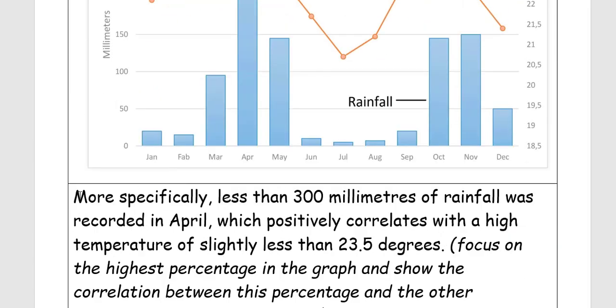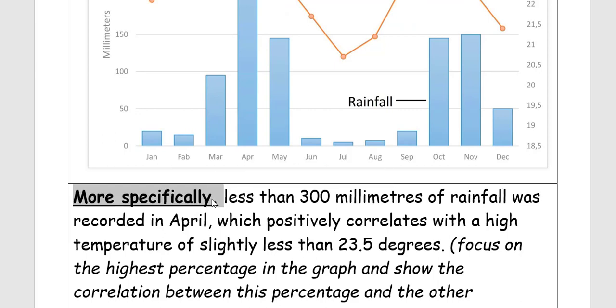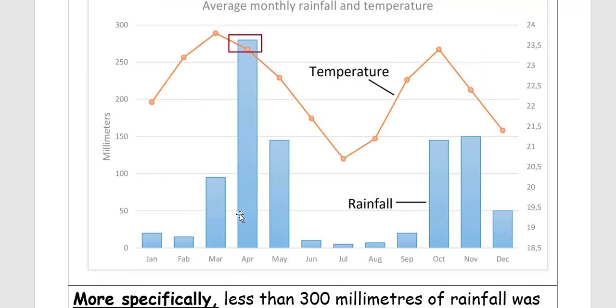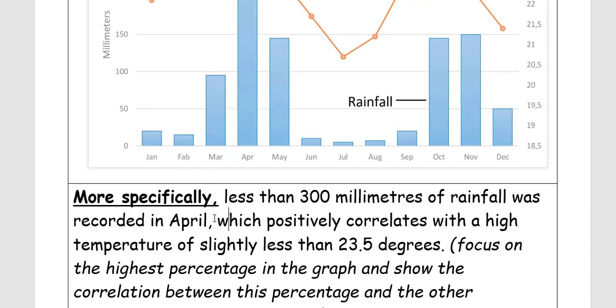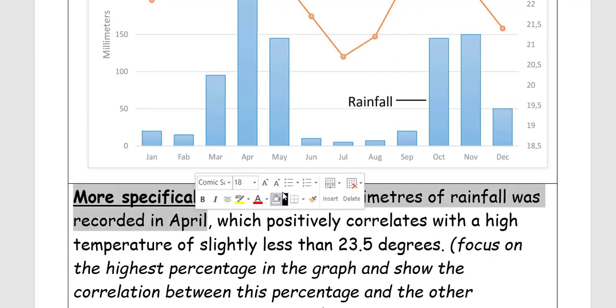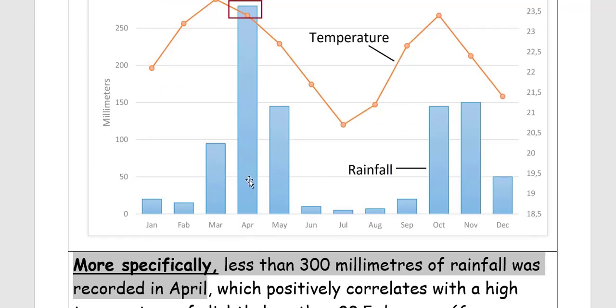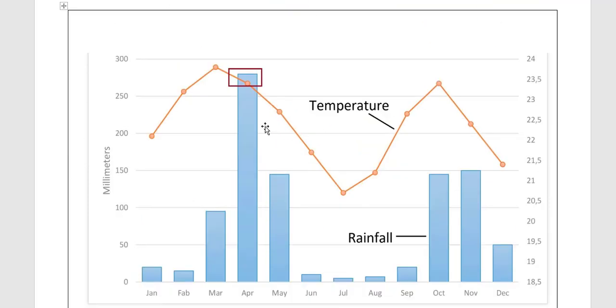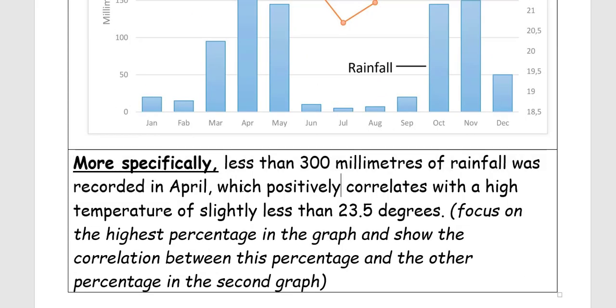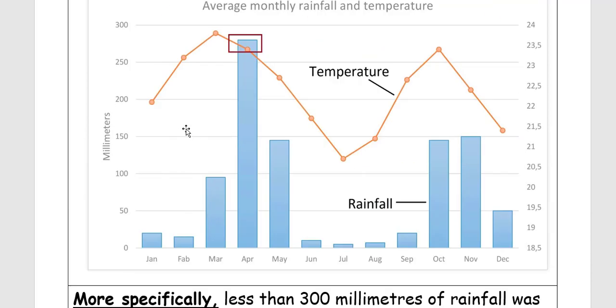More specifically, so you should use the phrase more specifically in the next body paragraph in order to talk about some specific details. Less than 300 millimeters of rainfall was recorded in April. So if you look at April, right, and then here we have less than 300 millimeters because 300 would be here and this is less than. Okay, which positively correlates with a high temperature of slightly less than 23.5 degrees.